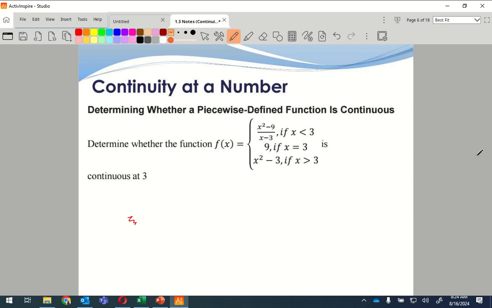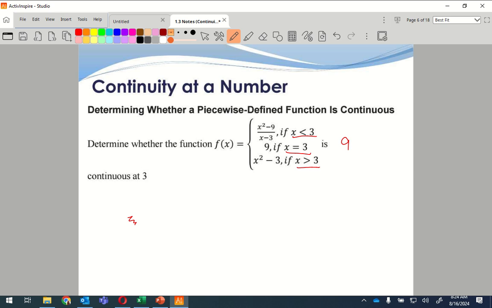So for this to work out, this is actually a piecewise function. So as x goes to the left side of 3, to the right side of 3, and x is 3. When x is 3, this number is 9. Yes? Now, the left side has to also approach 9. So let's see how I do this.